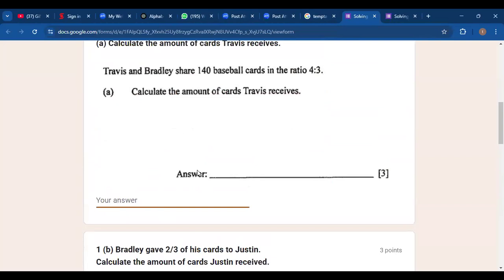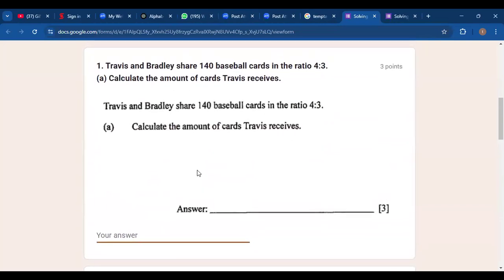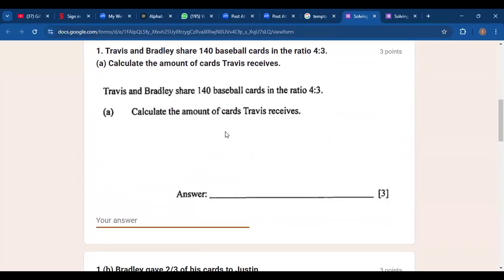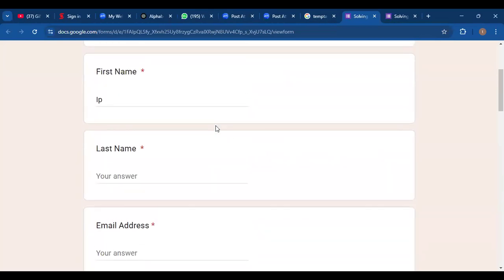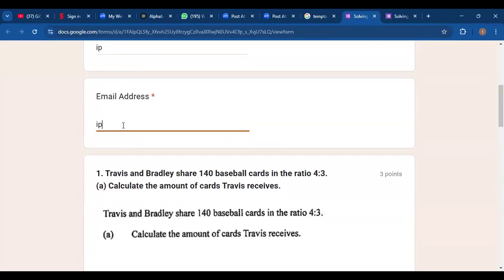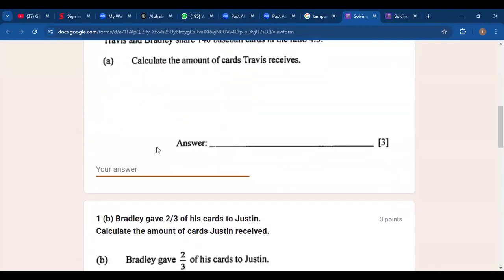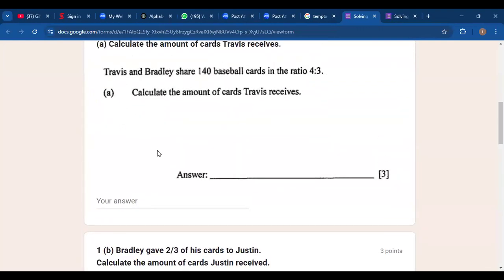Okay, let me show y'all how to get 100 on this quiz. So for number 1, the amount that she received. It was 140 divided by 4 plus 3, which is 7. 20 times 4 is 80, right?